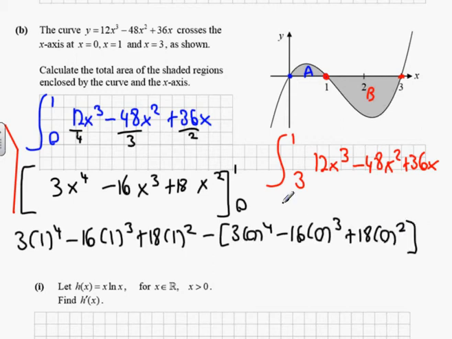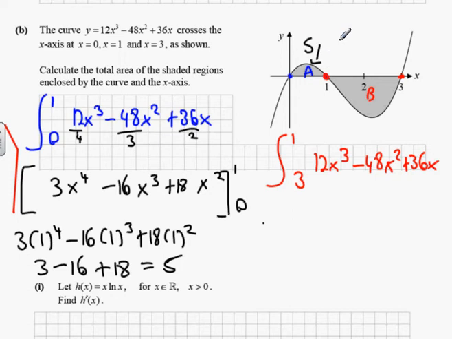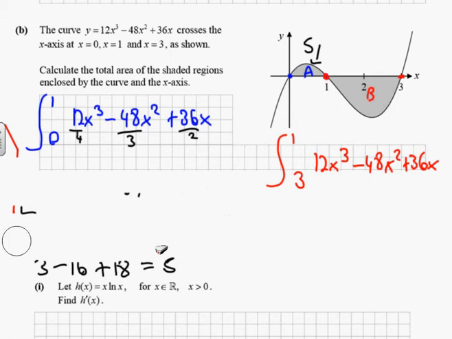Basically that doesn't count because they're all zeros. Once we're aware of that, we just put it in, and we get 3 minus 16 plus 18, which gives me 5. Area A is 5.